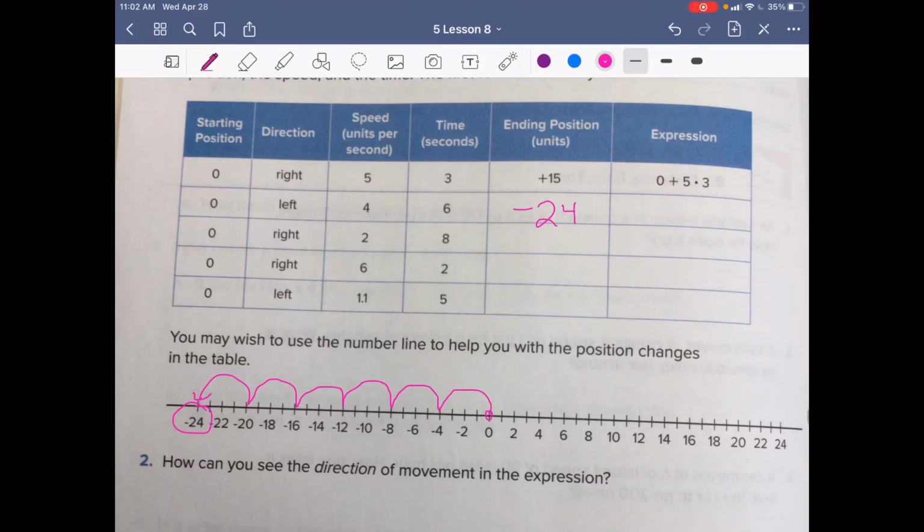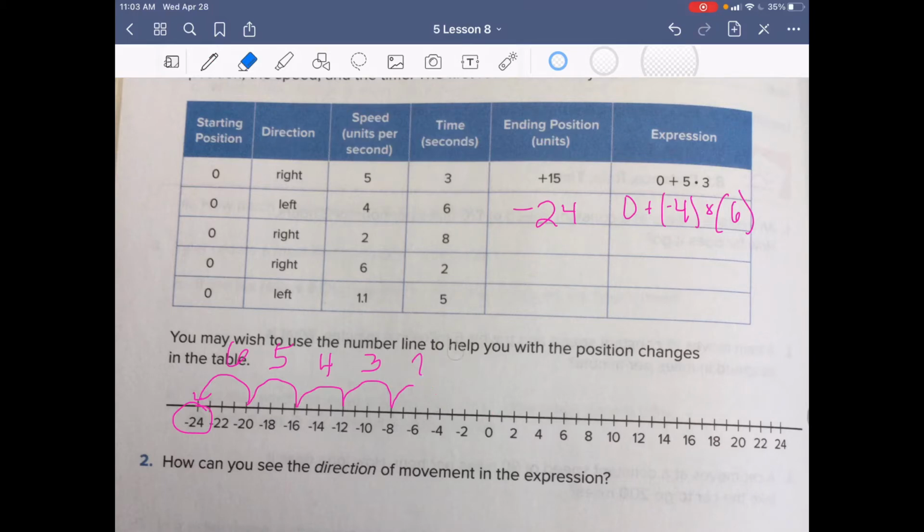So we started at 0, and we had to go 4, 1, 2, 3, 4, 5, 6 times. That was going negative, so we did negative 4 six times. So we have negative 4 times 6, and that's going to give us the negative 24.